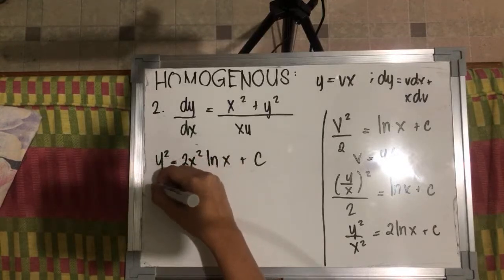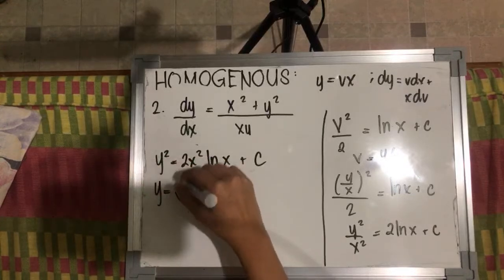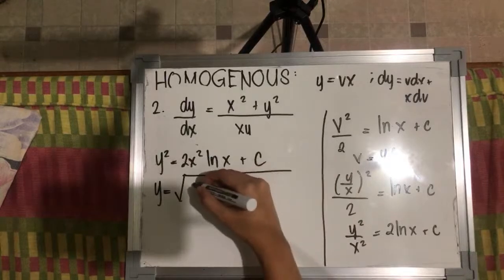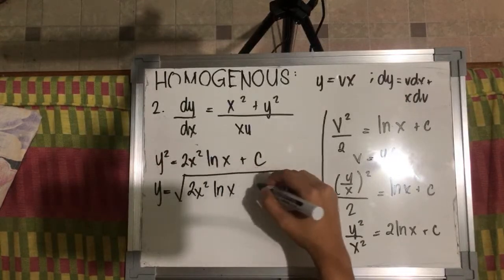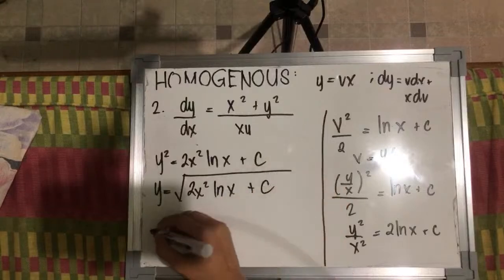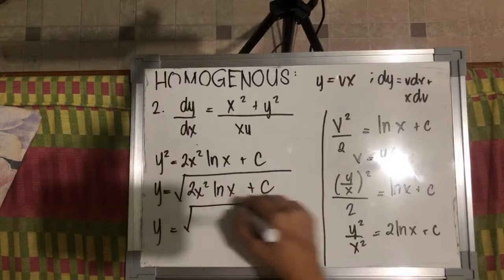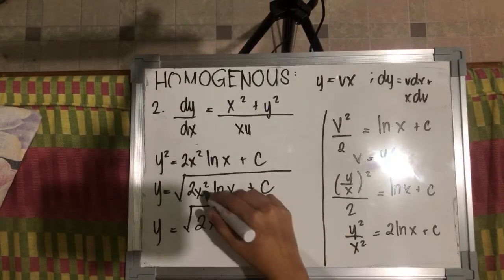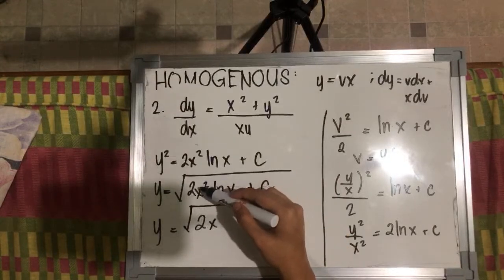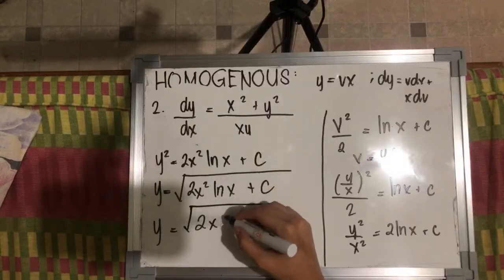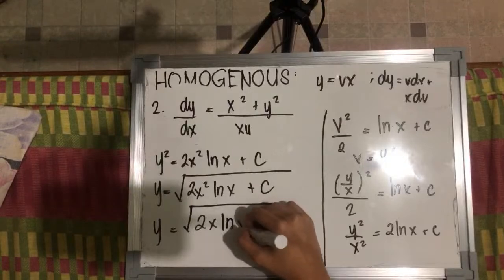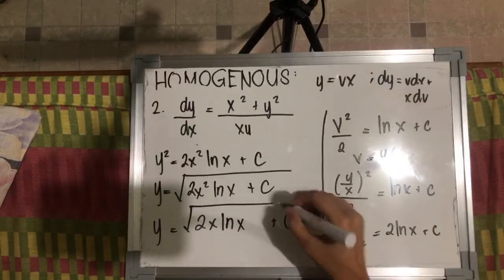So, para makuha yung solusyon ni y is equal to square root of 2x squared ln of x plus c. So, ito, square root, magiging 2x. Ito, magka-cancel lang yung 2 dito. So, magiging 2x ln of x plus c.